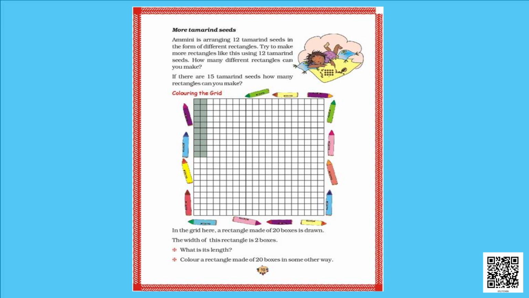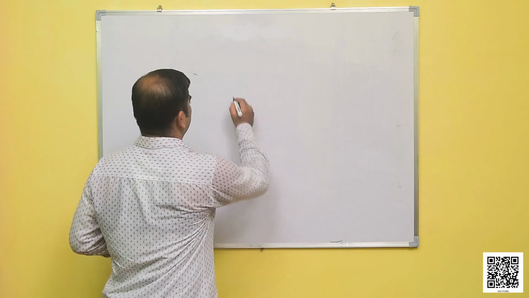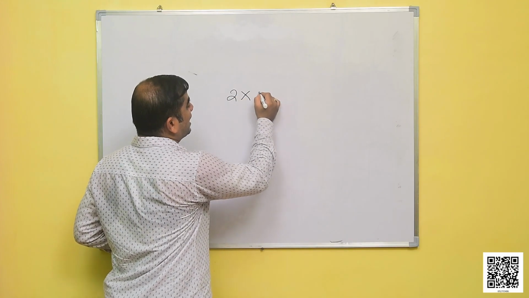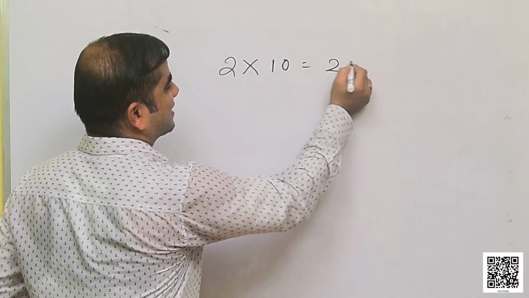Now as given in your book, coloring the grid, you can find a rectangle in grey color that has a width of 2 boxes. So what is the length? Can you count? Yes, it's 10 boxes, isn't it? So this rectangle is of 20 boxes.